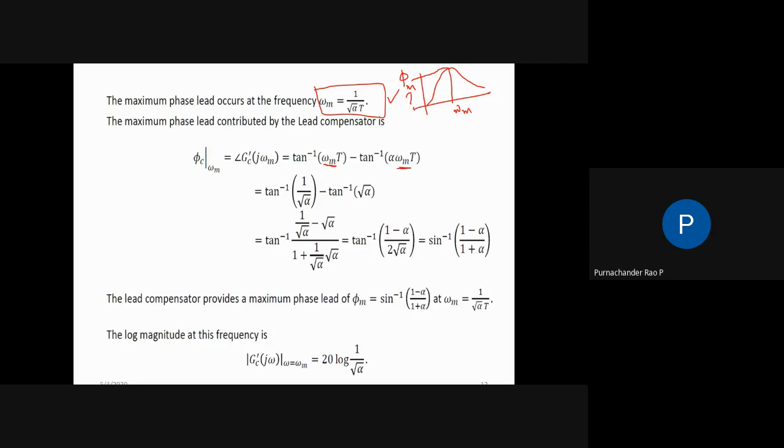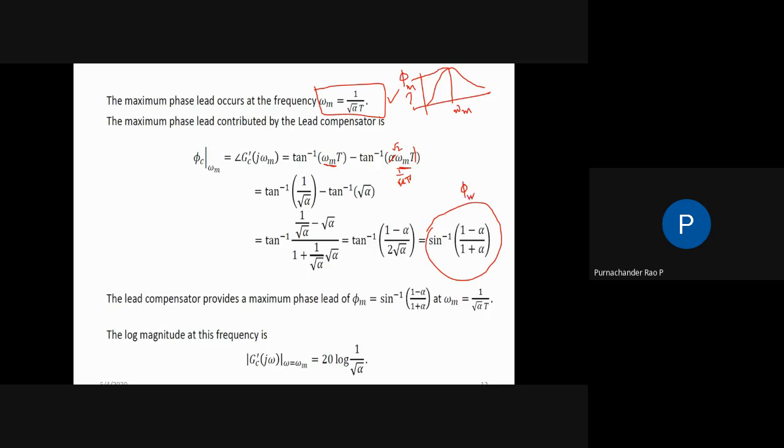So tan inverse of 1 by root alpha into t times t, so t cancels out, and you get 1 by root alpha, minus tan inverse of 1 by root of alpha into tau times alpha tau, so tau cancels out, and you get tan inverse of 1 by root alpha minus tan inverse of root alpha. So you get the relation sine inverse of (1 minus alpha) by (1 plus alpha). This is the maximum phase lead.